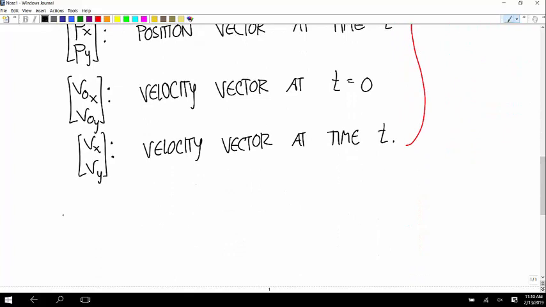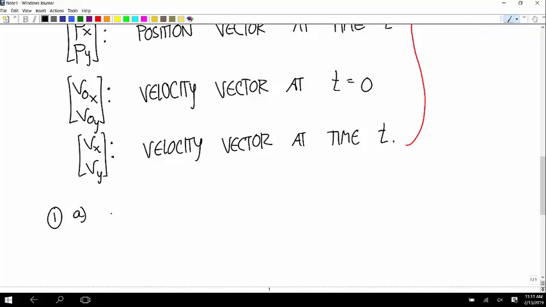And the equations, I'm still going to write them as equations 1, 2, and 3, but I'm going to split each one of those up into an x component and a y component. So 1a is going to be the x component equation, in the same order I did in 1D.